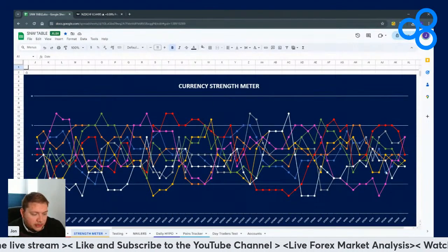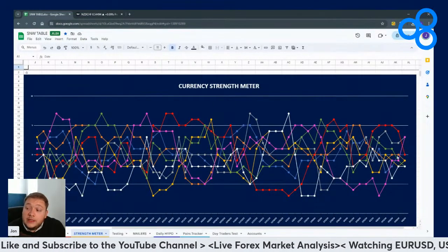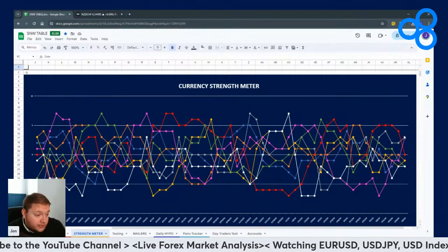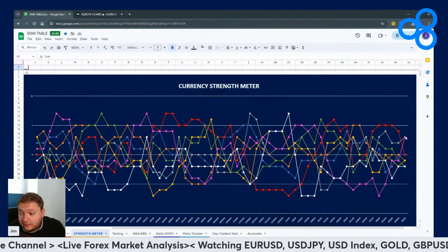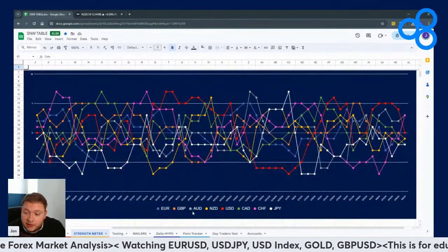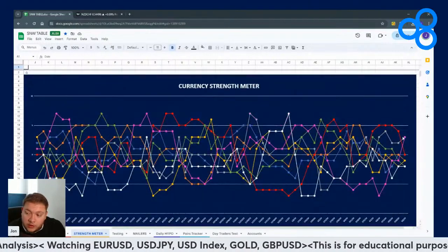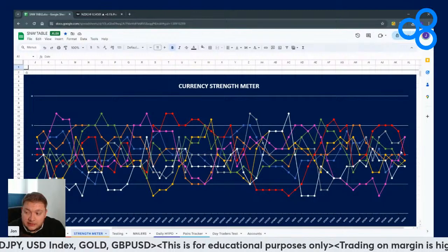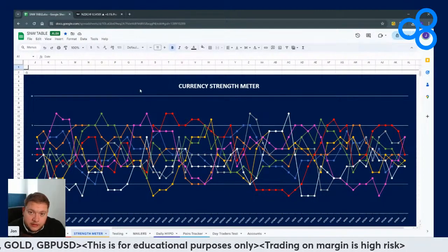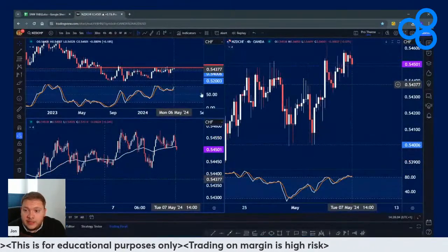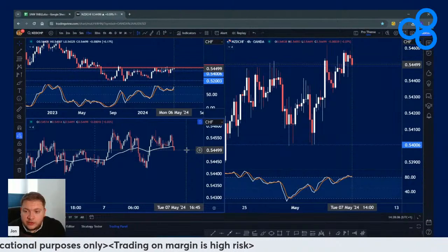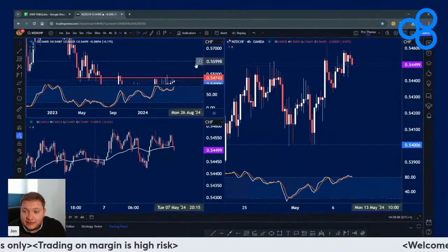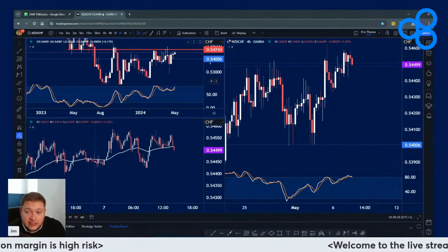It's this purple line through here, or pink line, and is one of the stronger currencies at the moment. It's stronger than pretty much every other currency apart from what I have down as the Australian dollar right now. Dollar Swiss, nice little crossover there as well. So it does suggest that you want to be a buyer of the Swiss franc rather than a seller of the Swiss franc right now, which is interesting, isn't it?